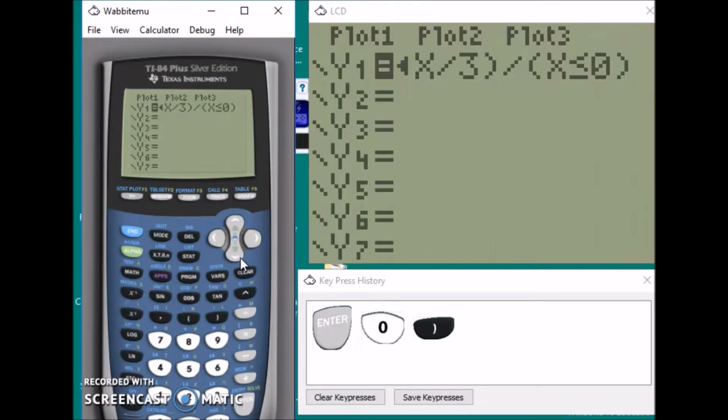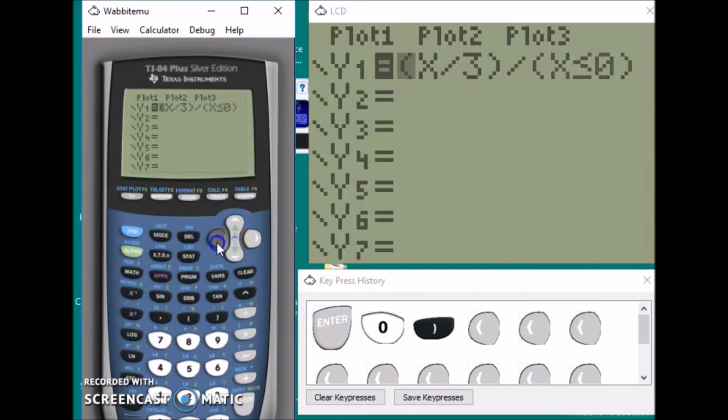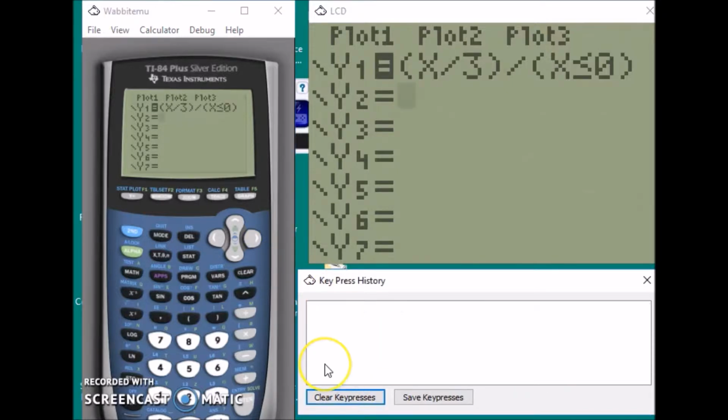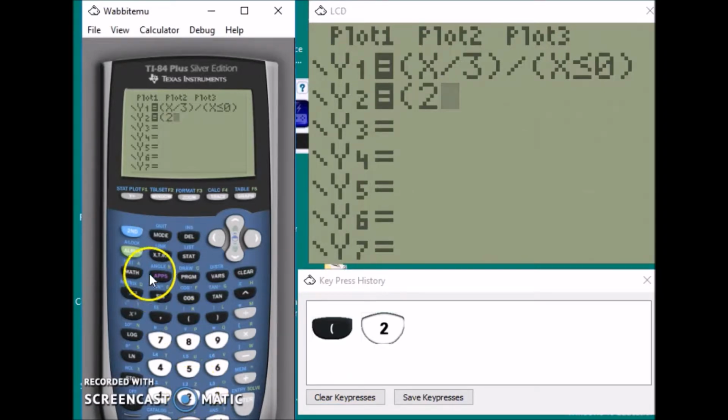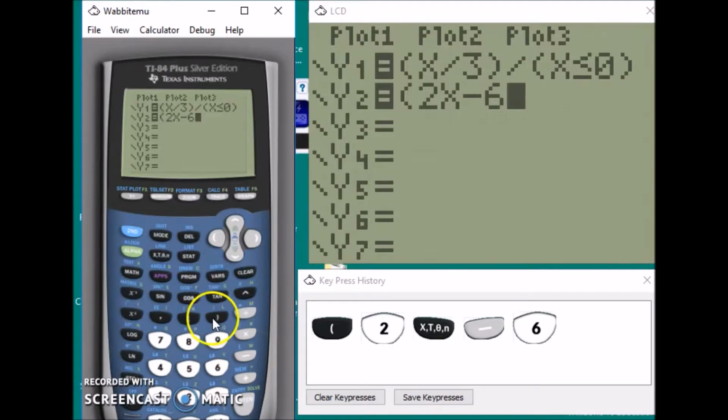When I go down, so now I'm going to type in the second one. Parentheses 2x minus, or take away, not negative, 6.